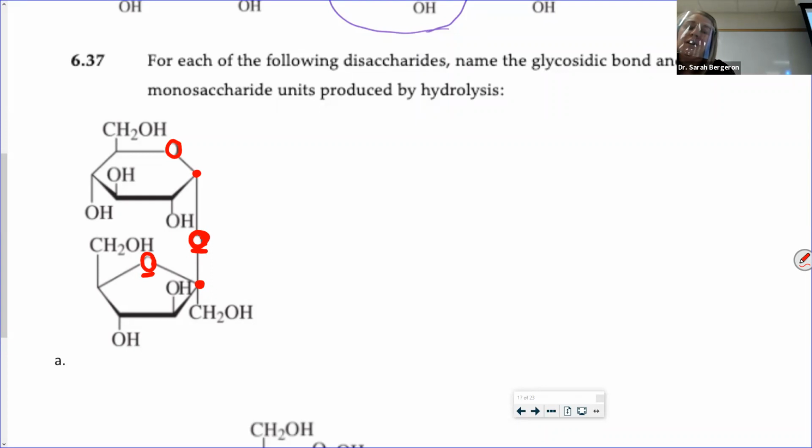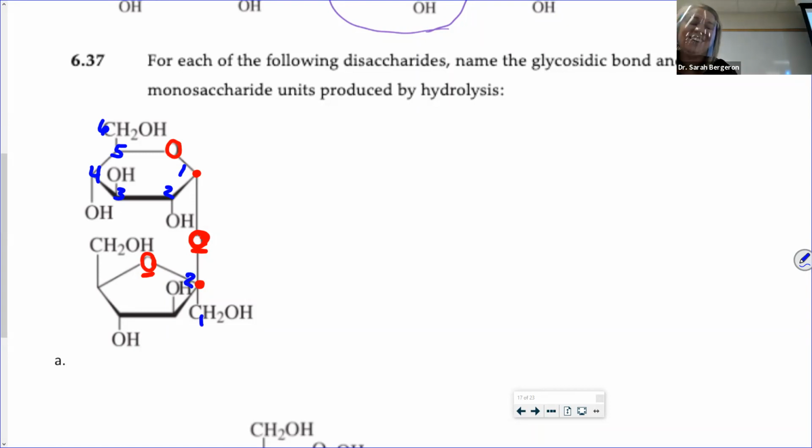Okay. Now I'm going to start numbering. Let's number the top ring first. The anomeric carbon is carbon number 1. Go around away from the oxygen: 2, 3, 4, 5, 6. Let's do the same thing below. The anomeric carbon is carbon number 2. This is carbon number 1. Remember how I said it was going to happen?